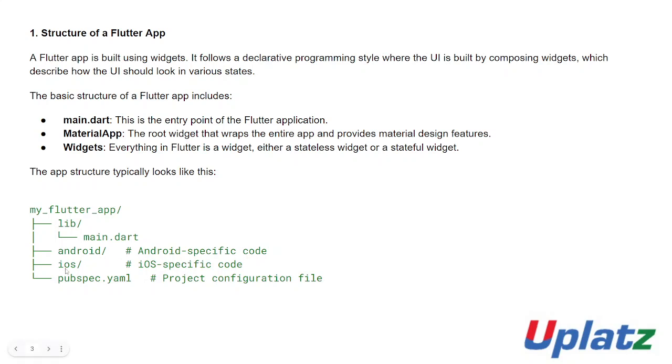Then there is iOS specific code. Then the pubspec.yaml file, that is the project configuration file. Which dependencies will be taken, which assets or pictures will be included in the project or not, is given in that file.